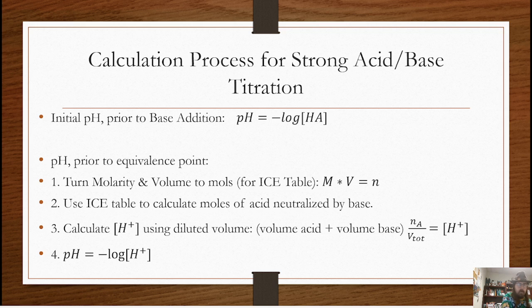But during the titration, we have to follow these steps. We're going to turn molarity and volume to moles. We're going to then subtract out the limiting reactant. Then we're going to turn moles back into molarity in the new volume.